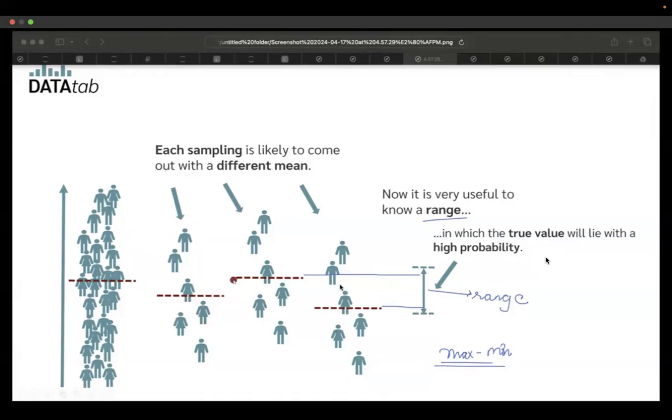Now I have to answer my people: what is the population mean? How am I going to do that? I am going to take the help of CI, confidence interval.